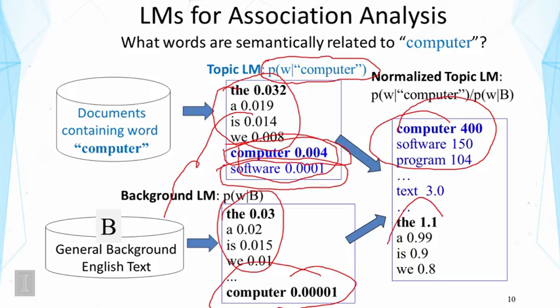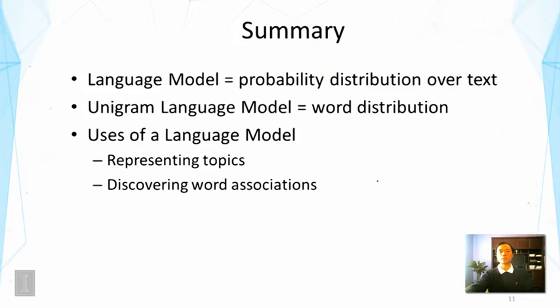Whereas these common words will not have a high probability. In fact, they have a ratio about 1 down there because they are not really related to computer. By taking the sample of text that contains the computer, we don't really see more occurrences of them than in general. So this shows that even with these simple language models, we can do some limited analysis of semantics.